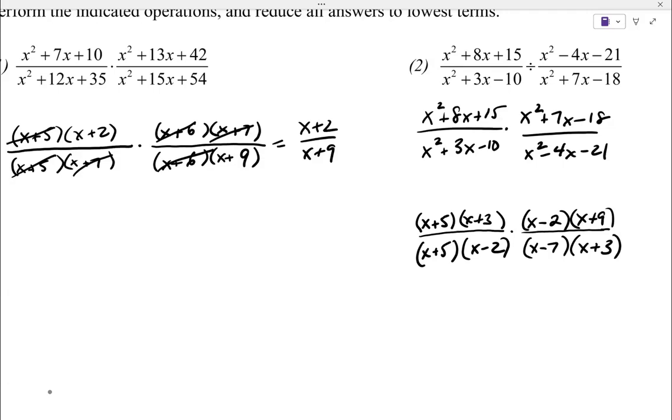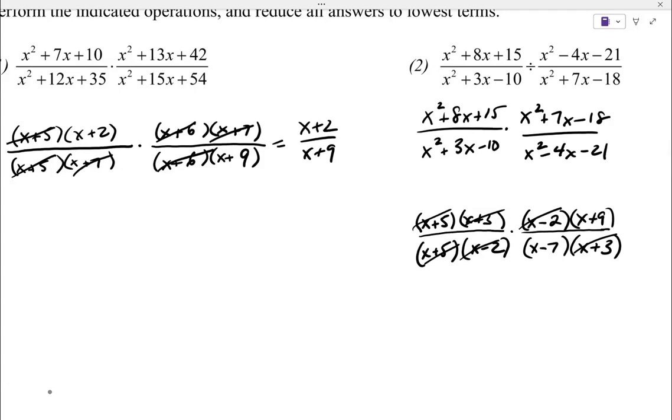Okay. Now again, we're looking for factors that divide out. What do you see divides out? Yeah, the minus 2's do. Good. Yeah, the x plus 5's do, and the x plus 3's do, right? We agree?